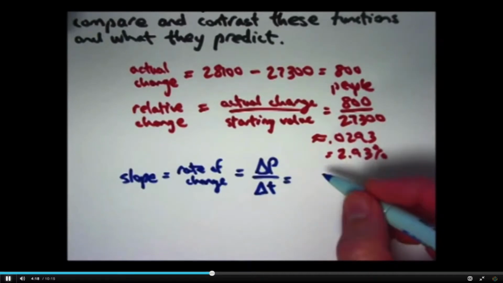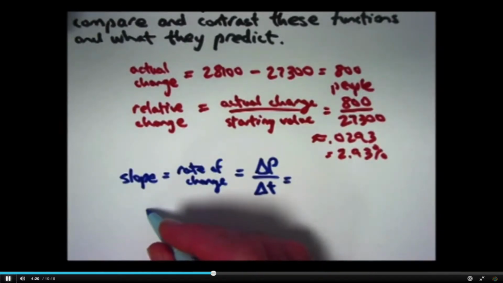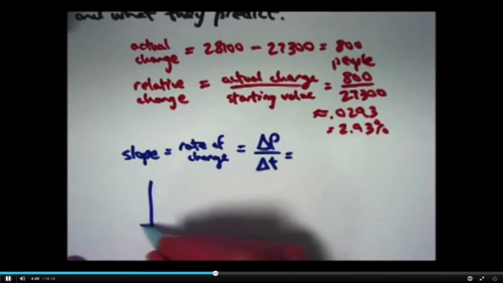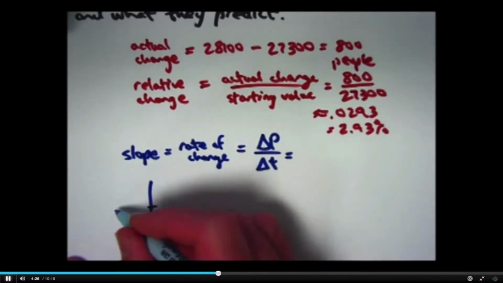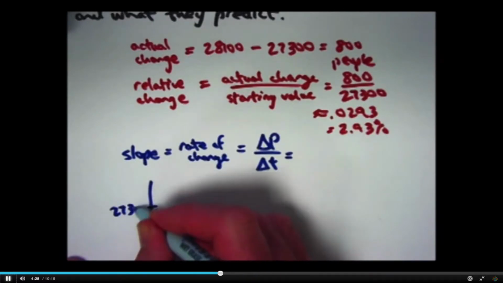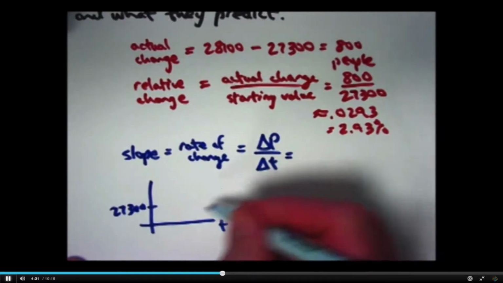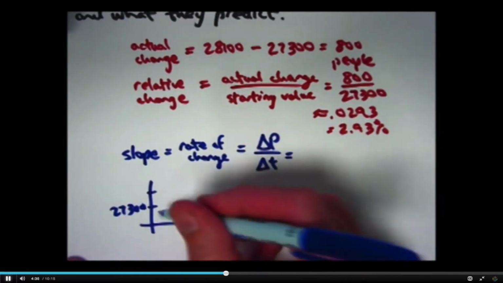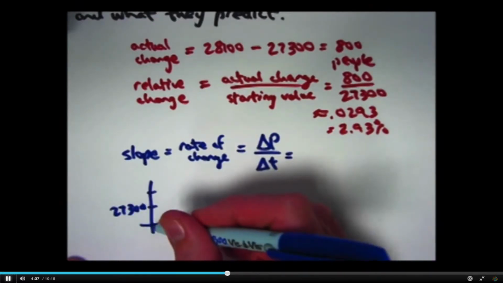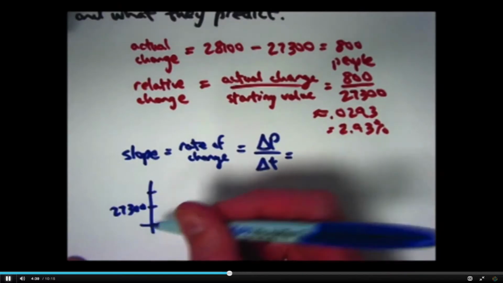Why is that? Well, if you draw a picture, I'll just draw a picture quick here. At time 0, the population was 27,300. At time 1, and this graph is not scaled in such a way that this point is the origin. It's not.